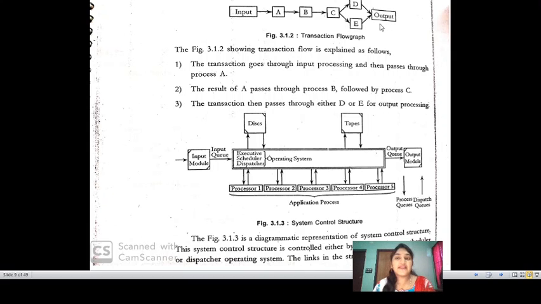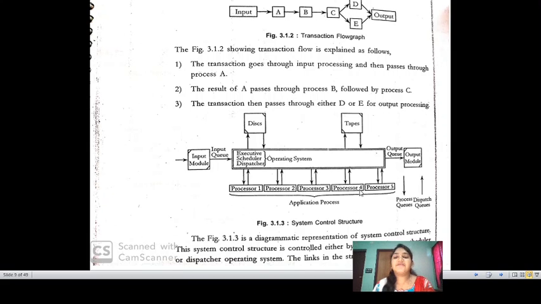In this way another transaction will be raised. So this is the transaction flow graph, and here we are taking the control structure. The system control structure is an example of this transaction flow graph. Here we take the example of an operating system, with input module, output module, and A, B, C, D, which are nothing but the operating system, process 1, process 2, process 3.